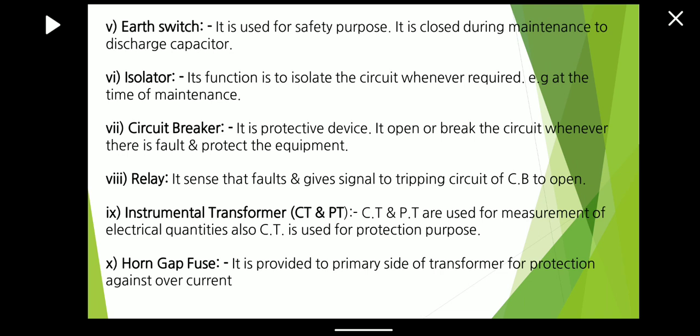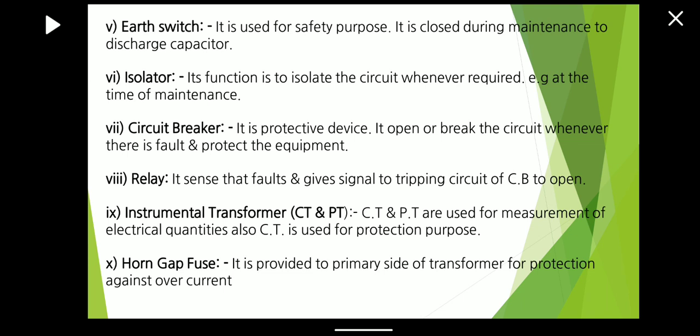It is closed during maintenance to discharge capacitors. Then the isolator. Its function is to isolate the circuit whenever required, for example at the time of maintenance. So the isolator is very important for the substation.